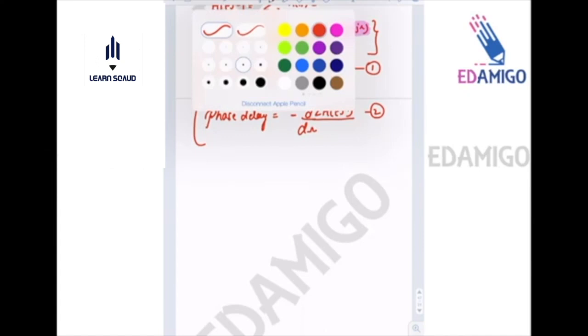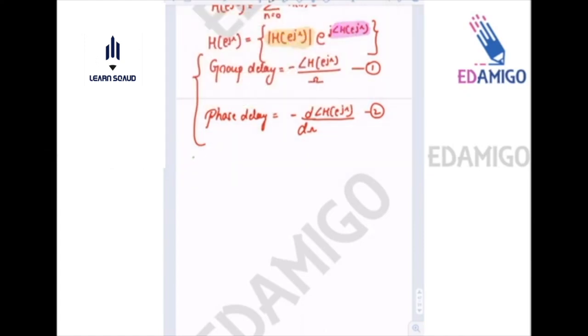Now let us take the condition of linear phase, that is, let the system have linear phase with the phase response equal to minus alpha into the discrete frequency, that is sigma.